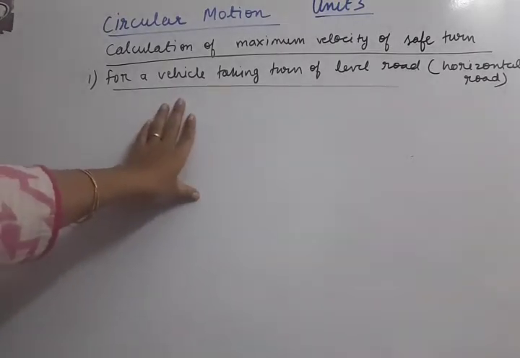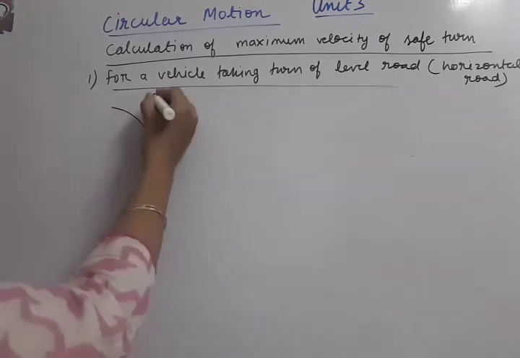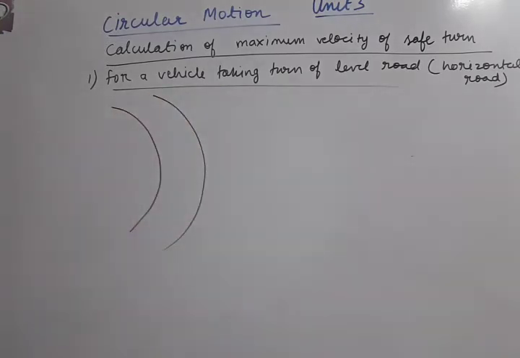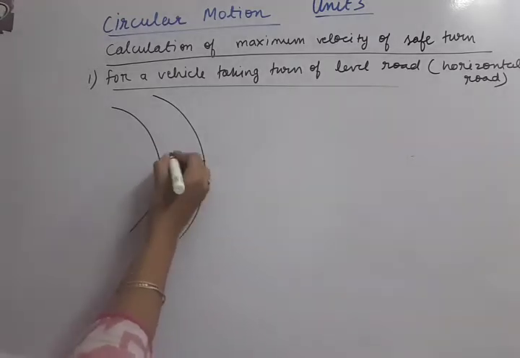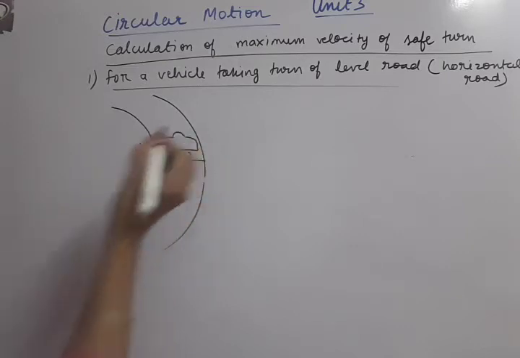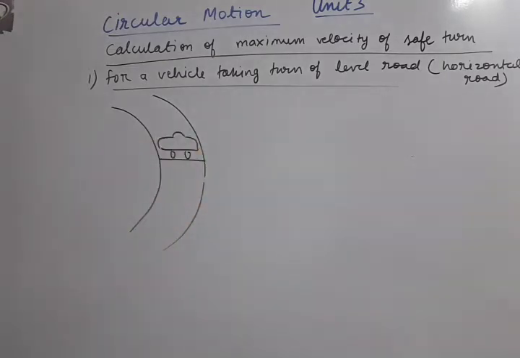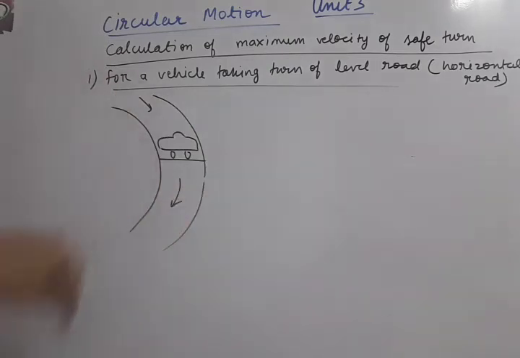We are interested in finding, suppose we are given a circular road, this type of turn. Now on this turn, suppose a vehicle, it may be a car. This is the front view of the car. The car is coming, it is taking the turn in this direction.